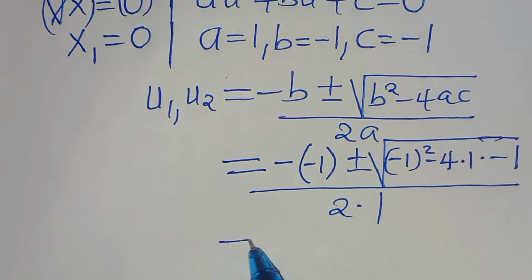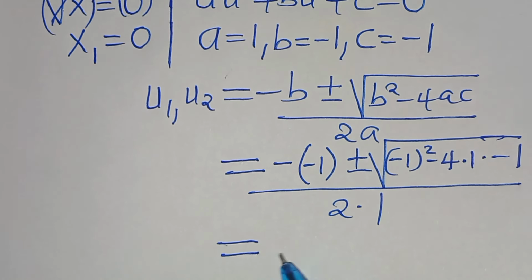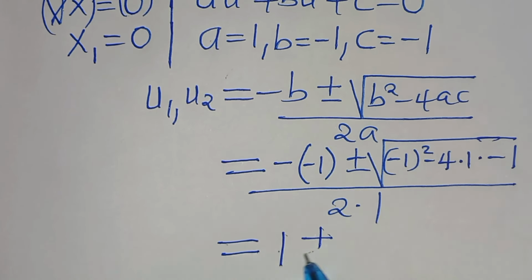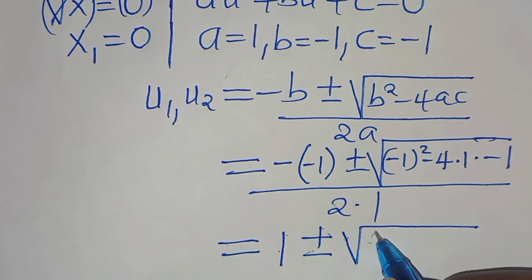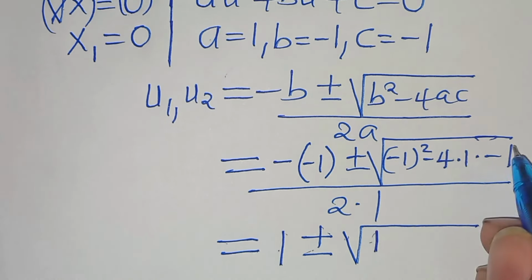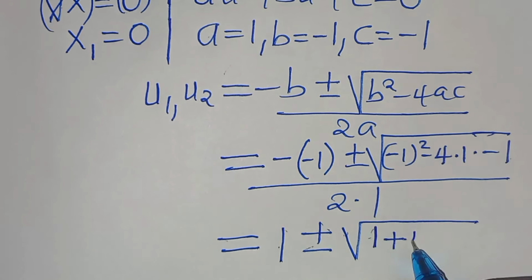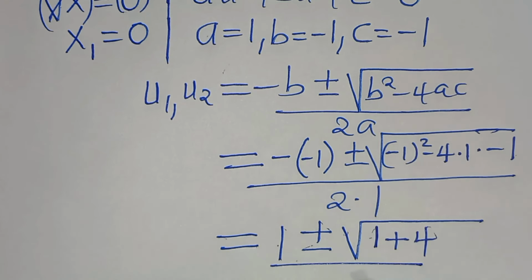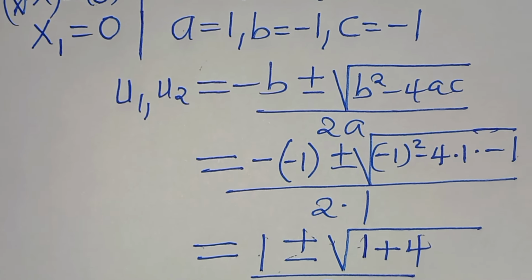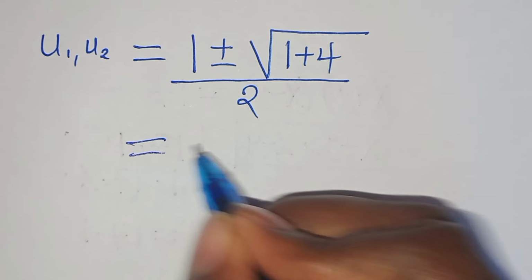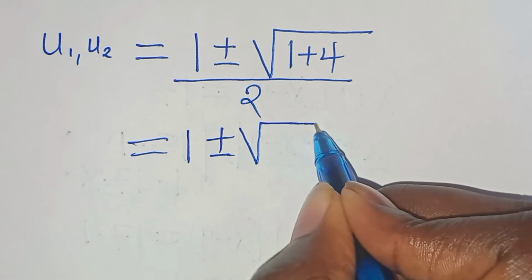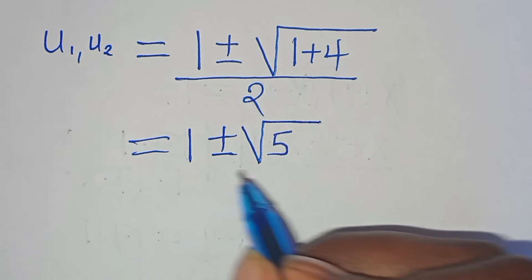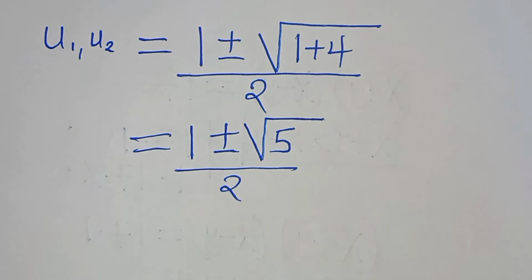And this implies that we have 1 plus or minus the square root of 1 plus 4, this is 5, divided by 2.